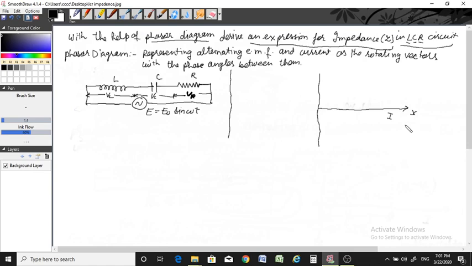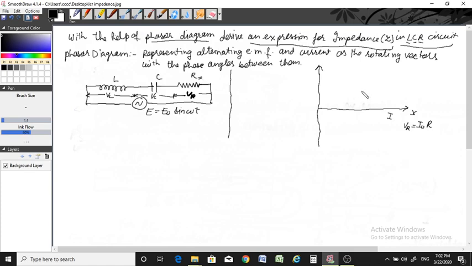According to Ohm's law, VR is equal to I naught R along this line.